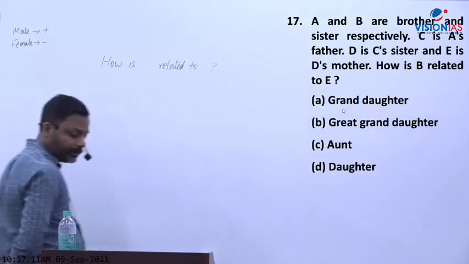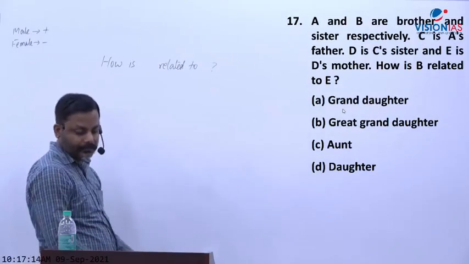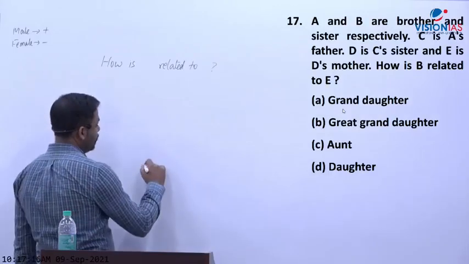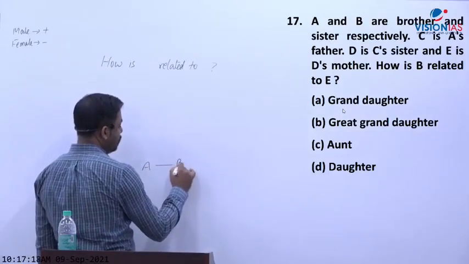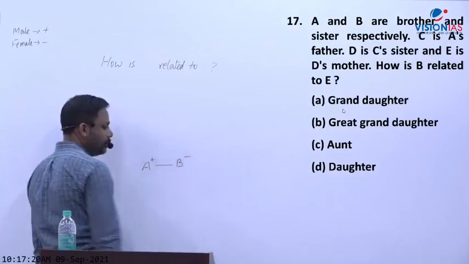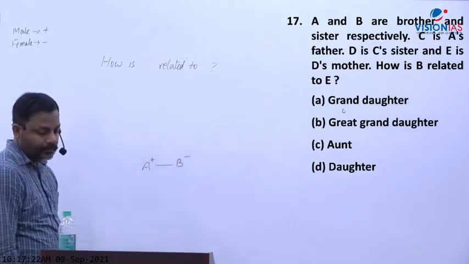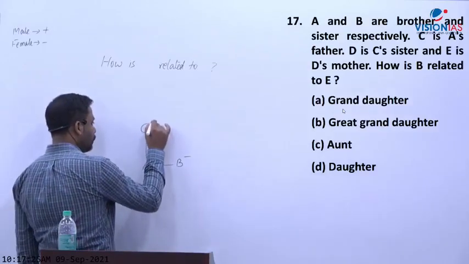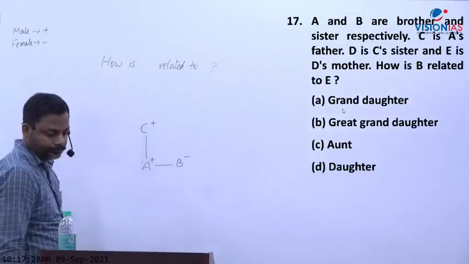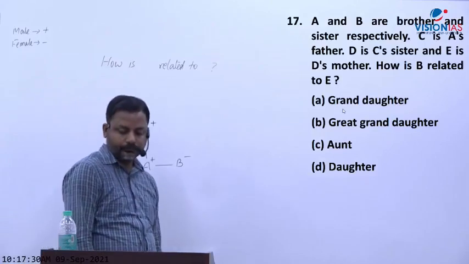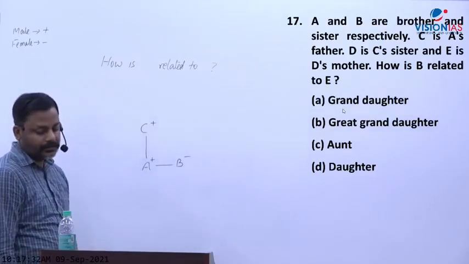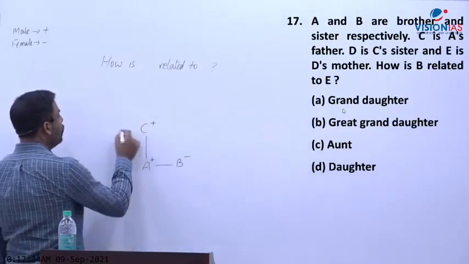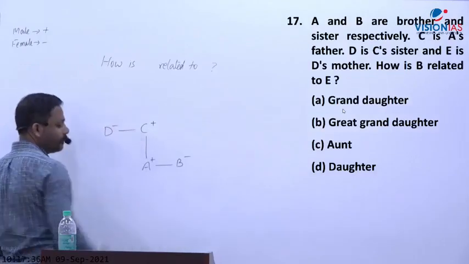So A and B are brother and sister, respectively. C is A's father. D is C's sister.